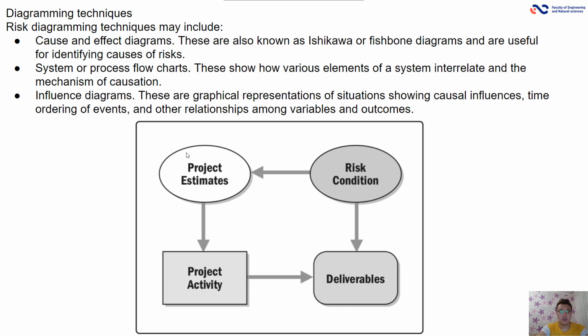And here they can be a loop starting from project estimates and project activity, continued by deliverables, and it can start from risk condition and go by project estimates and continue on project activity and go to deliverables, or from risk condition it can just go directly to deliverables.